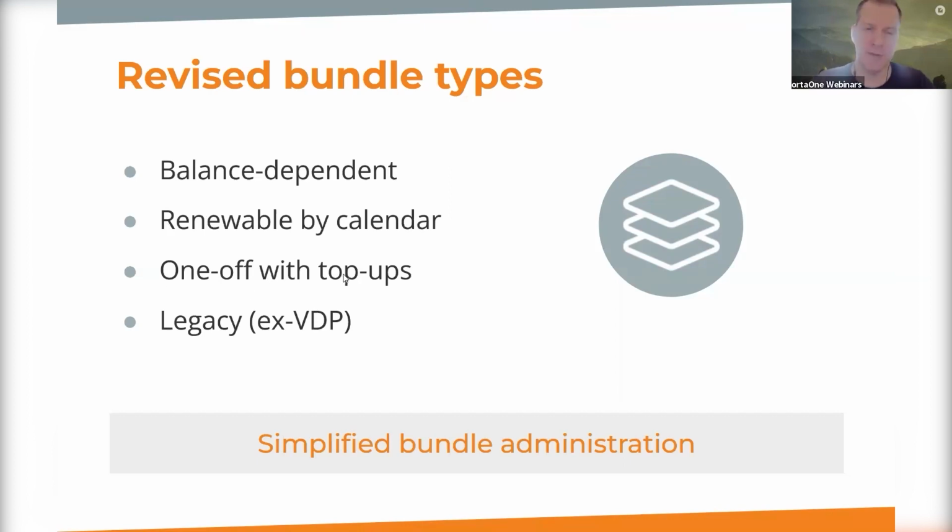And then one-off with top-up is a new type, which acts the same way as the old wallets inside of the legacy bundles used to work. So now you have 3 new types, and I strongly encourage you to start using these new types of bundles: balance-dependent, renewable by calendar, and one-off, instead of the legacy bundles with those quotas, wallets, discounts, and whatnot.